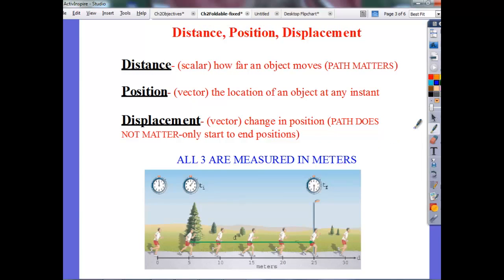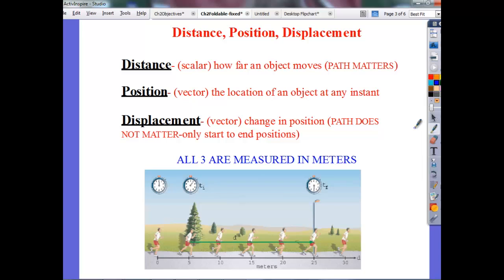We have looked at distance and we have looked at position when we were talking about the earlier slide. Distance is how far an object moves. Position is the location of an object at any instant. And we said that the position has to be from the origin.